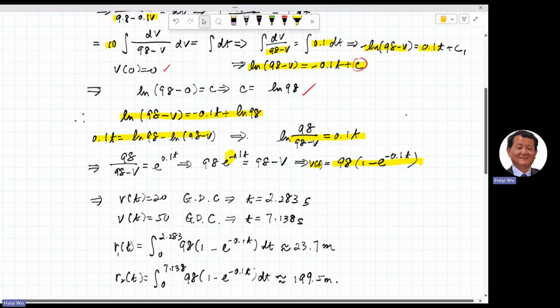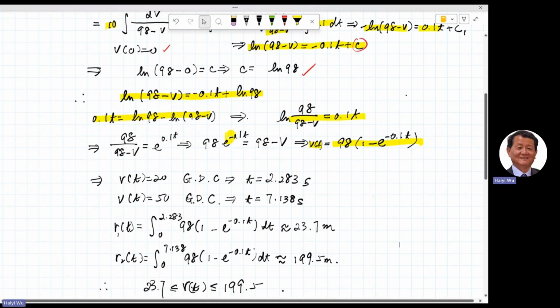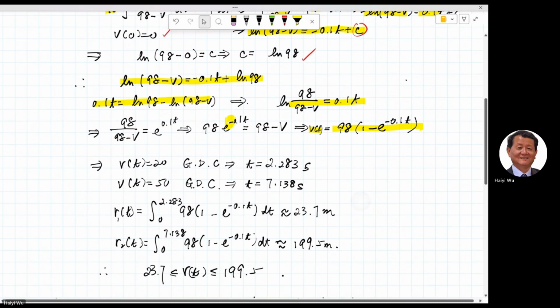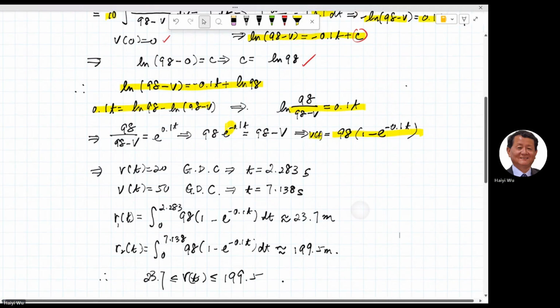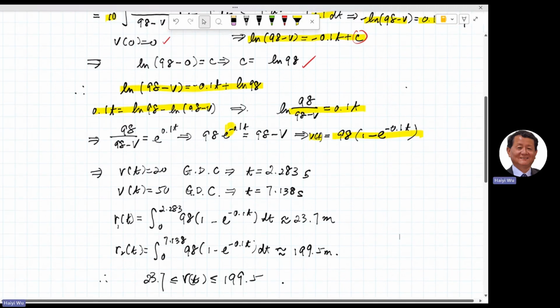All right, I'm going to substitute because we need to decide the time taken so we can work out x. First, I'm going to find the time when the velocity hits the water at 20 meters per second. I'm going to use a graphics digital calculator, substituting into this equation.